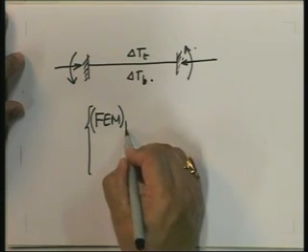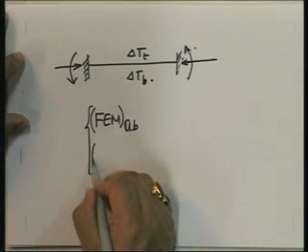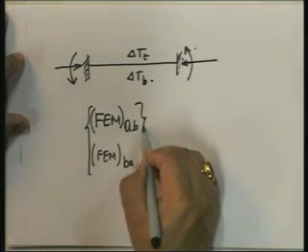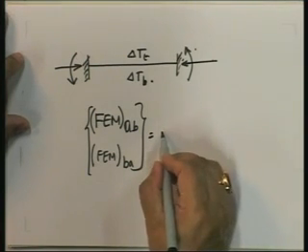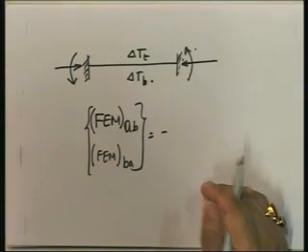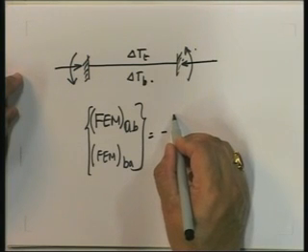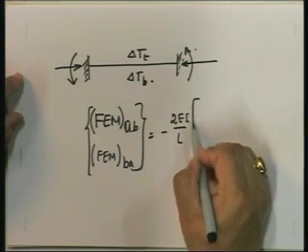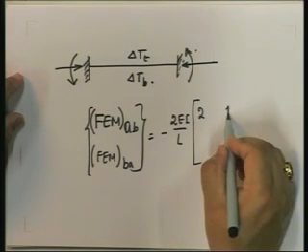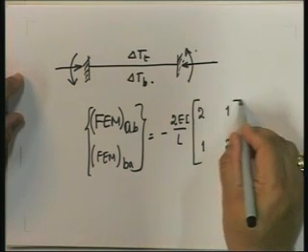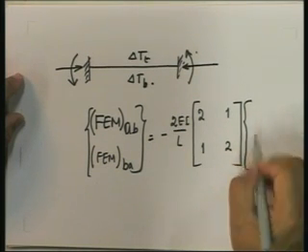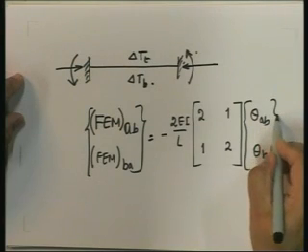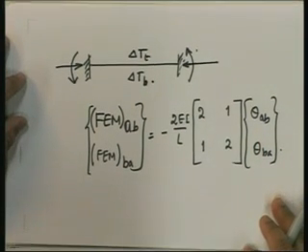So fixed end moment at AB and fixed end moment at BA are going to be equal to minus Ka into, where Ka is 2EI upon L, matrix 2 1, 1 2, into theta AB and theta BA.